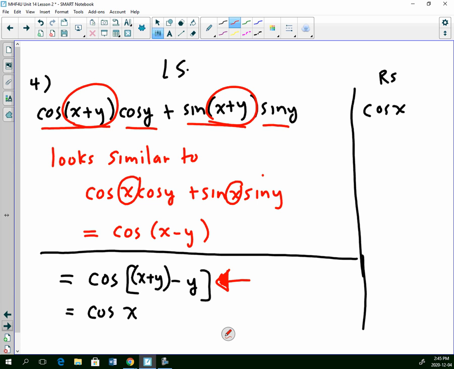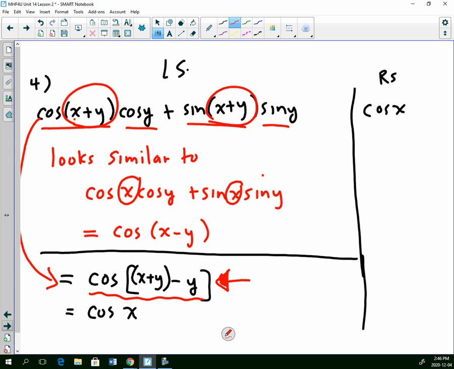Okay? So I need to know that that is what you are doing, that you're using the compound angle formula. So you need to go from here to here, okay, to show me that you know that that is the compound angle formula. Don't go from here directly to cosine x, because then I don't really know if you know that it's a compound angle formula, if that makes sense.